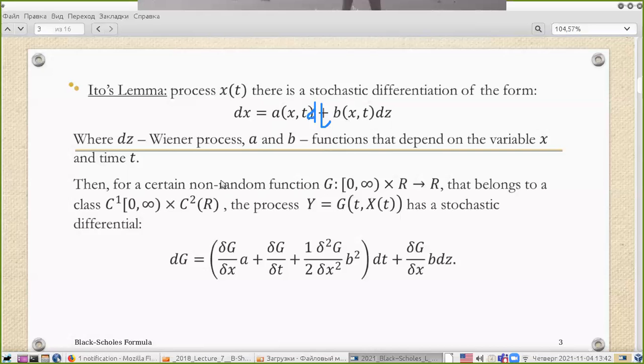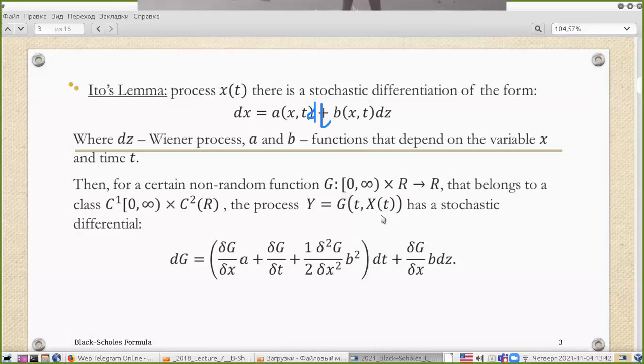So, for example, we have this stochastic process, and we have a function g. It is a non-random function, it should be differentiable, belonging to this class of continuous functions, and we would like to find dg, where g depends on t and on x of t.